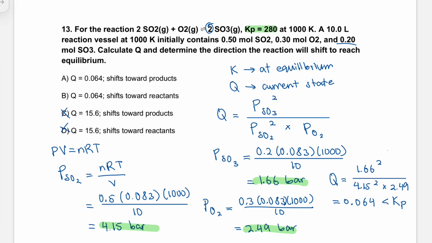So that means there is not enough products. So it's going to shift towards the products. So always remember that if Q is smaller than K, it will shift towards the products. And if it's the other way, it shifts towards the reactants. So this is A.